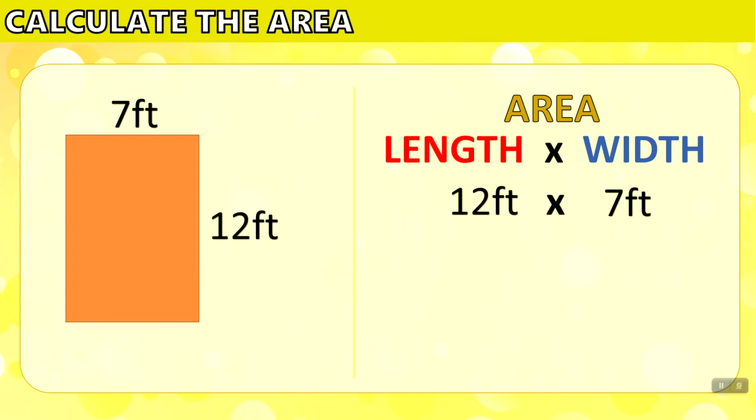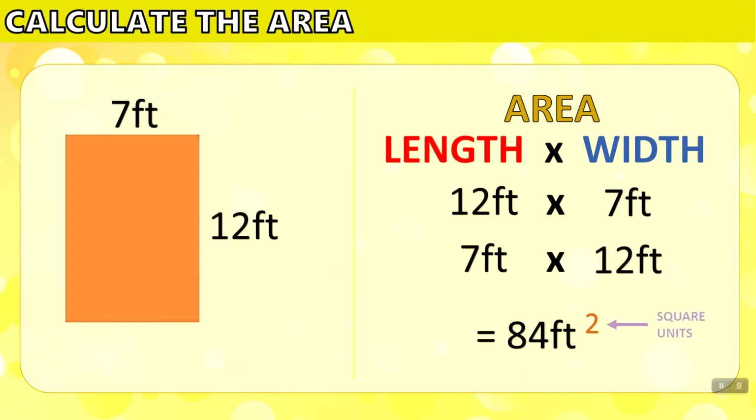But what would happen if we multiplied 7 by 12? If we said the length were 7 and the width was 12, we would still get the same answer, 84 feet squared. Don't forget the small 2 above, which means square units. So this is read as 84 square feet.